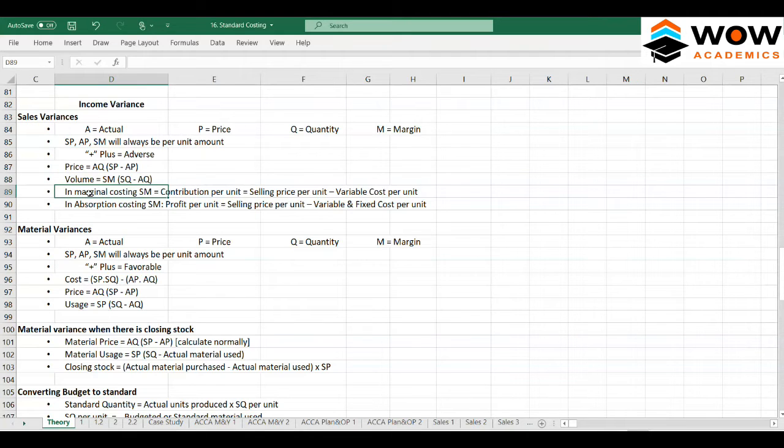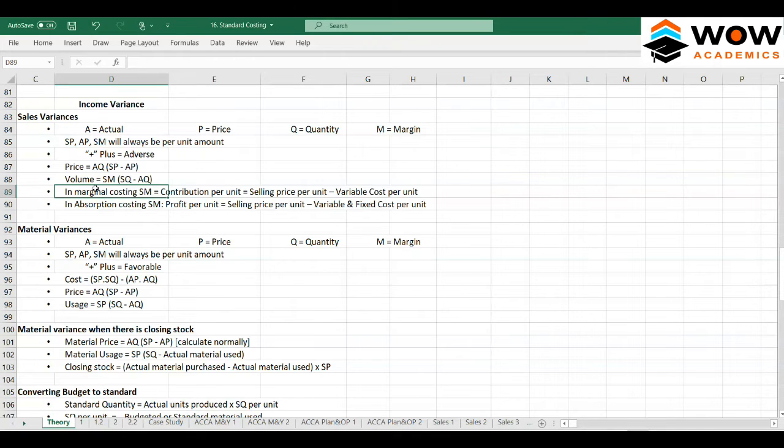We can solve the entire standard costing variances using the marginal approach or the absorption approach. If we are going to solve the problem with the marginal costing approach, then the SM here refers to standard contribution per unit, which is equal to the standard selling price per unit minus standard variable cost per unit.